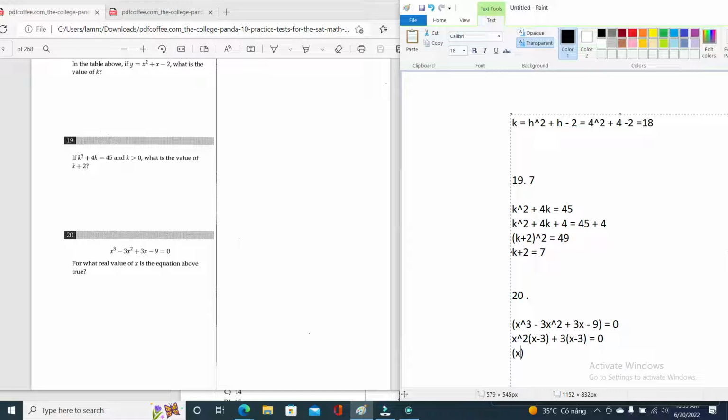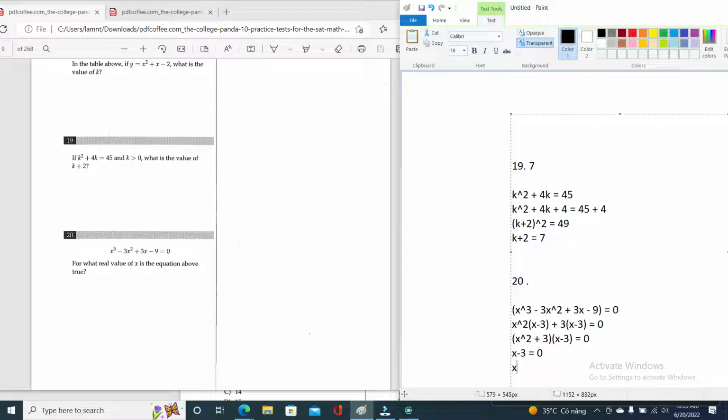So x squared plus 3 times x minus 3 equal to 0. So x squared plus 3 is always positive, right? So x minus 3 has to be equal to 0, x equal to 3, because x squared plus 3 is always bigger than 0. Alright, so the answer is 3.